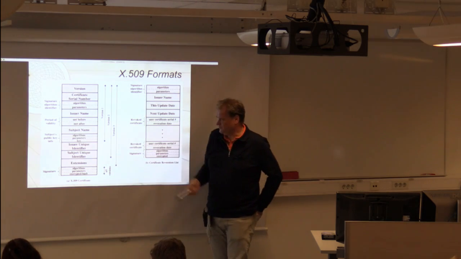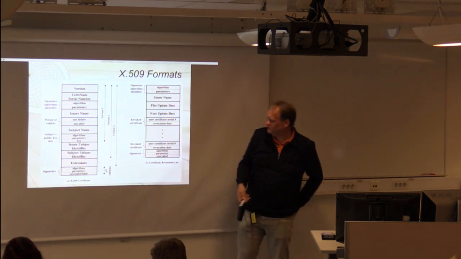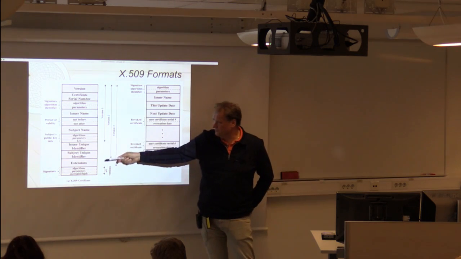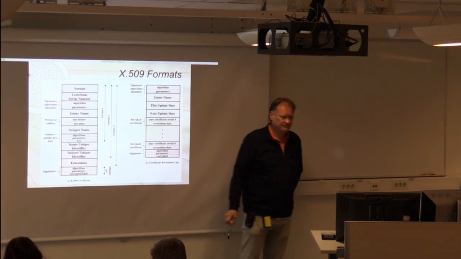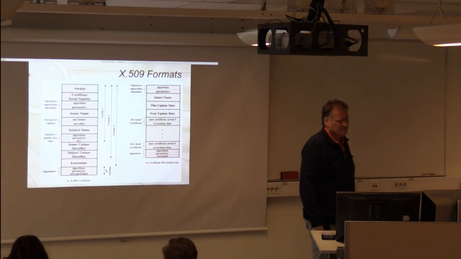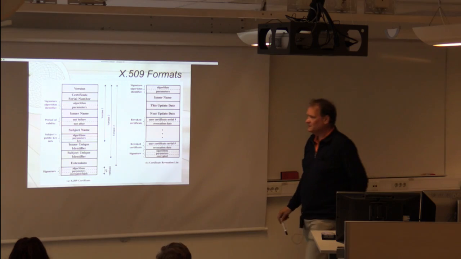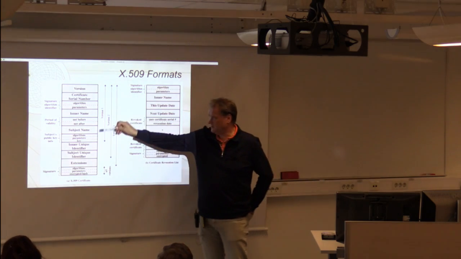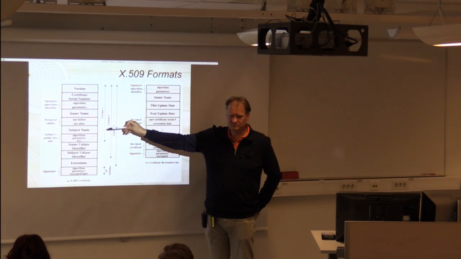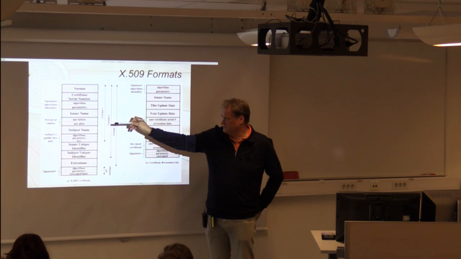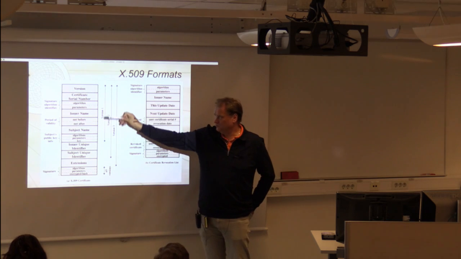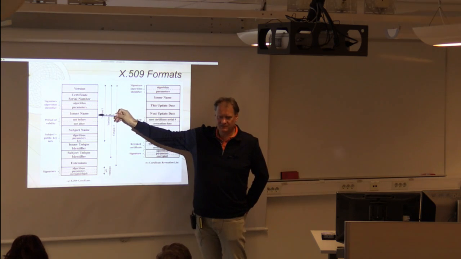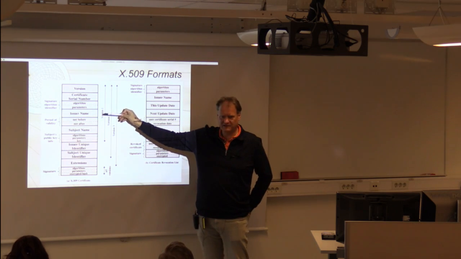In versions 2 and 3 we have then added things. In version 2 we added information about issuer unique identifier and subject unique identifier, because the issuer name and the subject name here were not unique. That means that if you created a version 1 certificate, you can say that I am VeriSign up here, and nobody would know which VeriSign it is.